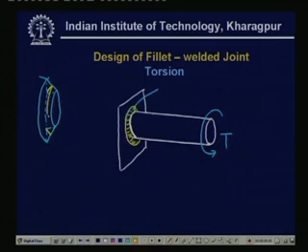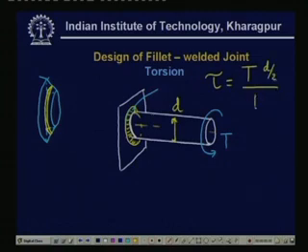So, therefore, the shear stress will be maximum over this surface. Then how to calculate the polar moment? You remember the formula, that is shear stress due to torsion, tau will be equal to T times c. If you consider the diameter to be D, then D by 2 divided by IP.